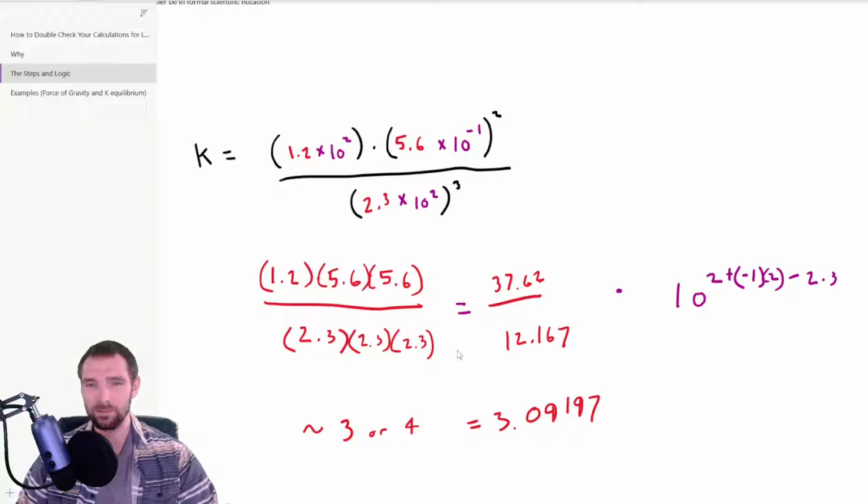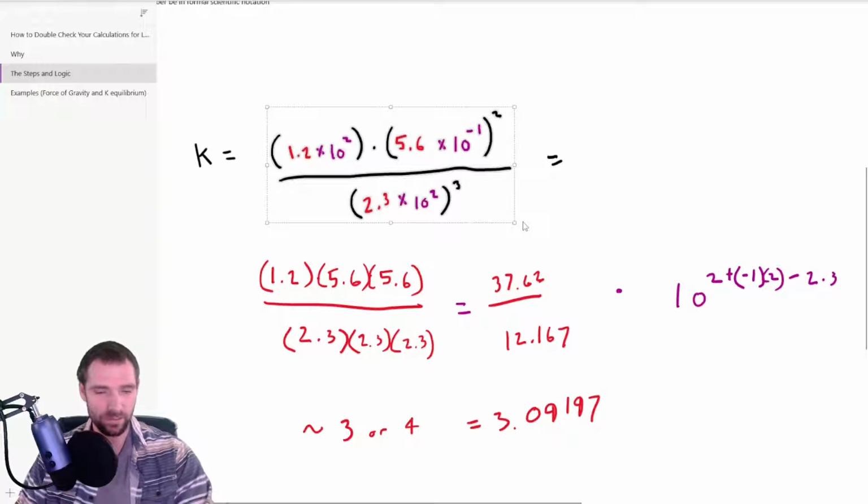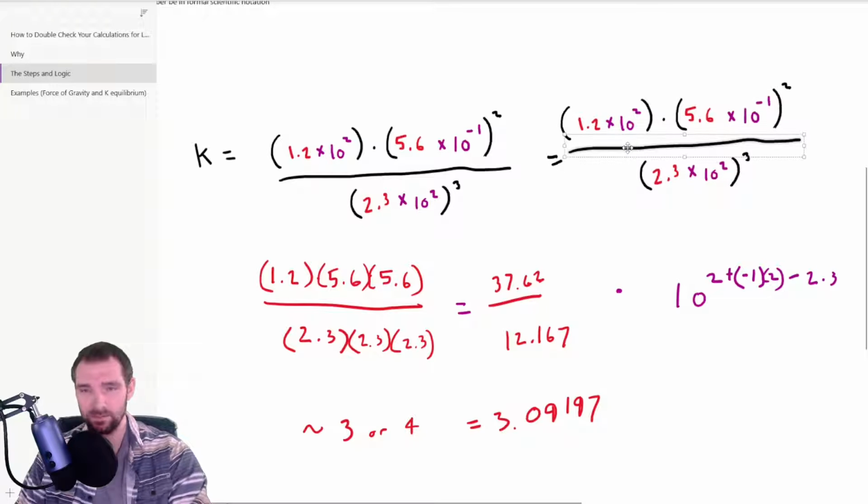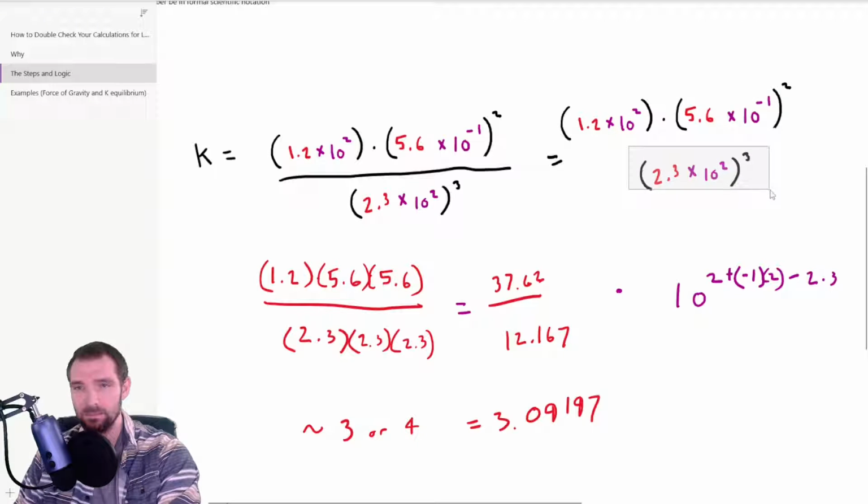This whole thing could be rewritten. So I just kind of want to show you this really quick. Another way of writing out these numbers just to show you the exponent rule and how it applies. So you could say, instead of dividing by that, you could multiply by the inverse.